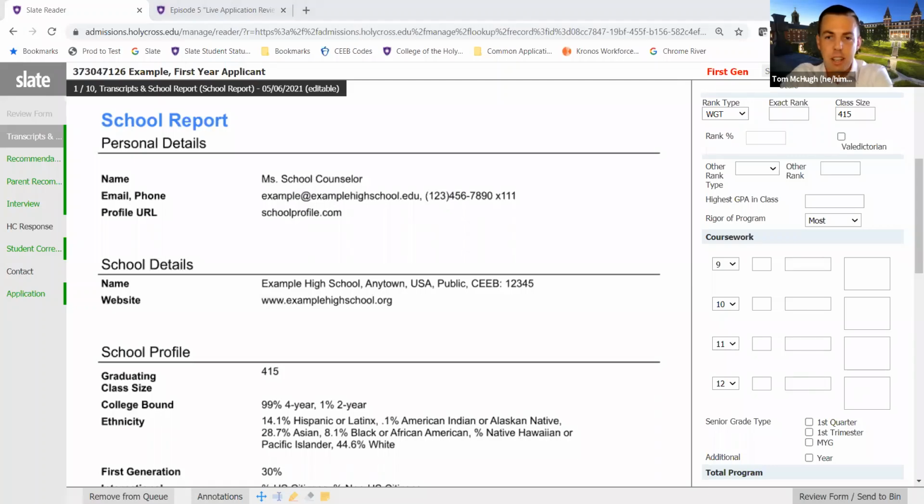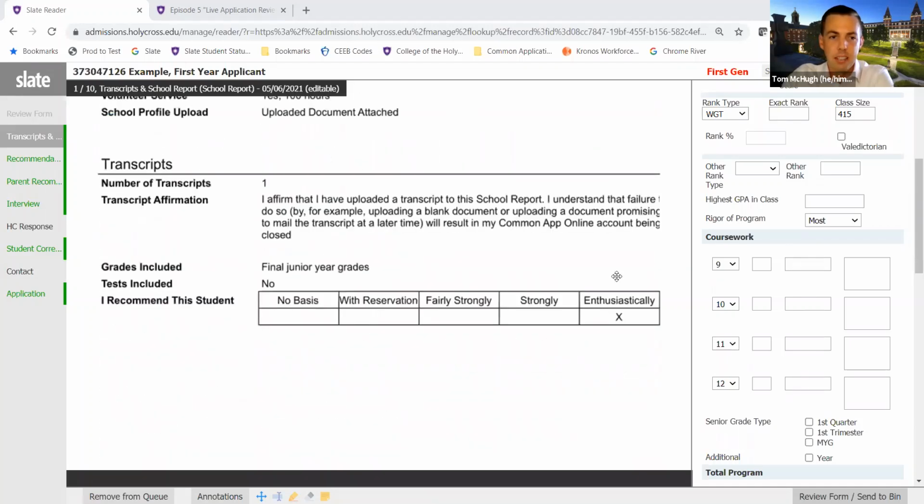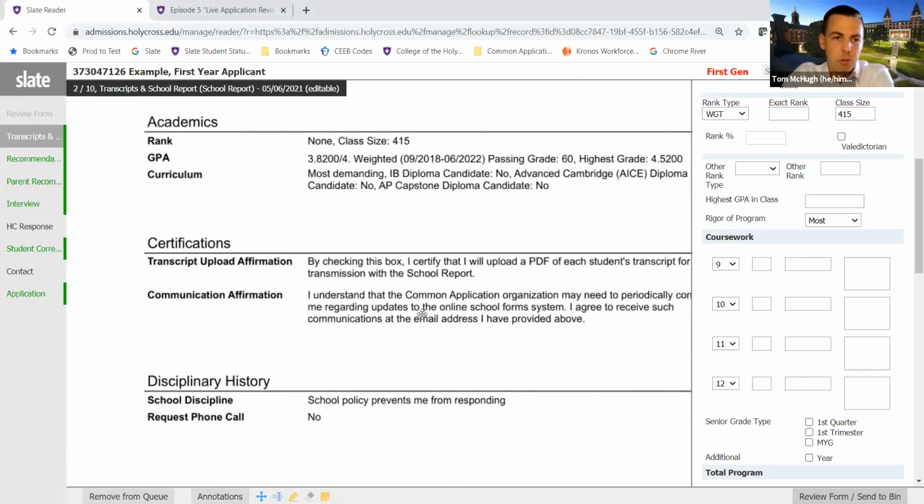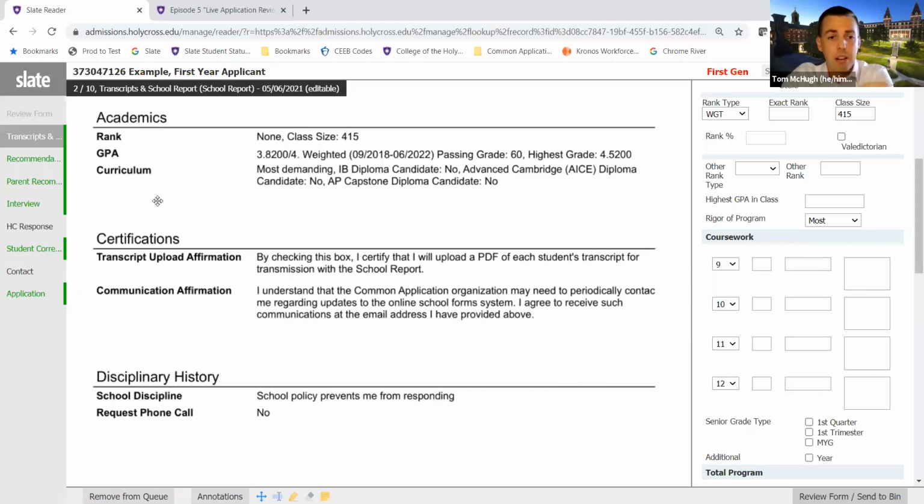So this first tab here is going to be a student's transcripts and some information about the high school that they attend. You'll also notice recommendations, interviews. We have a Holy Cross optional response that students can submit, as well as student correspondence, different email communications that we've shared with students.